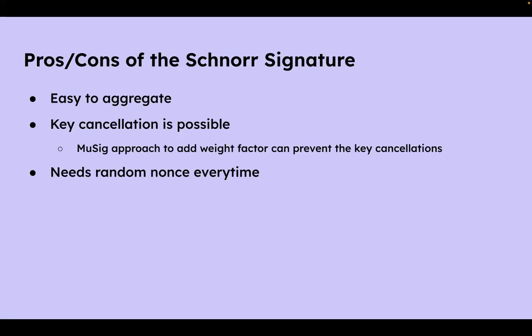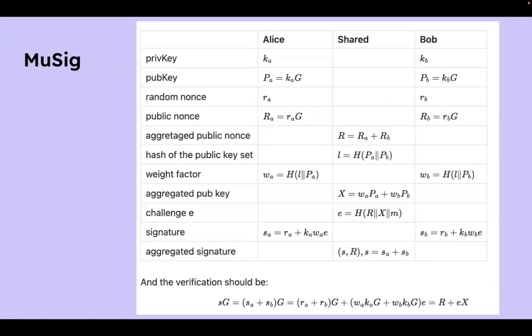How to prevent the key cancellation is using a weight factor. It is called the MuSig protocol. Before we combine two signatures, we multiply some weight factors to our public keys. This is all about how we compute the weight factor and finally aggregate them. We can do it with multiple parties, but in this example I just brought an example with two parties.